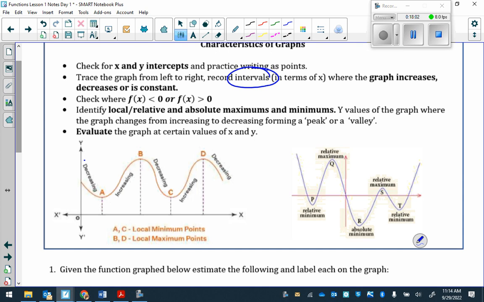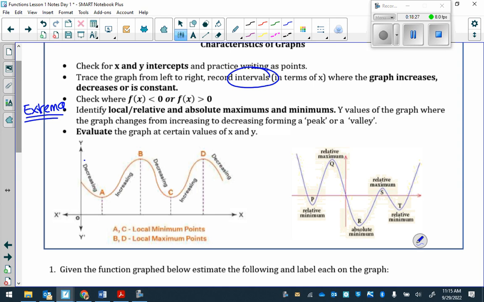Anytime a graph is increasing or decreasing or constant, we're looking at the x values. Then we have what is also called extrema, where it just refers to local or relative maximins as well as absolute maximins.